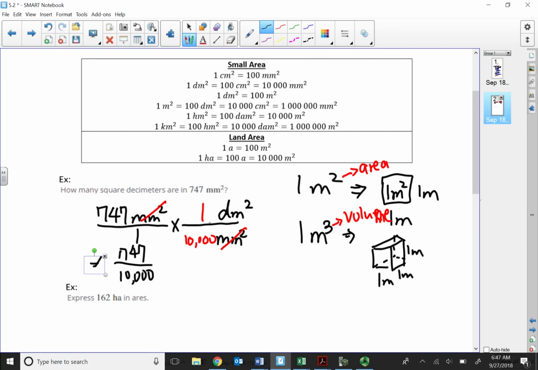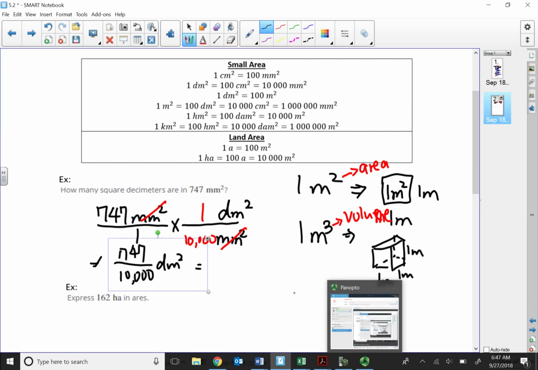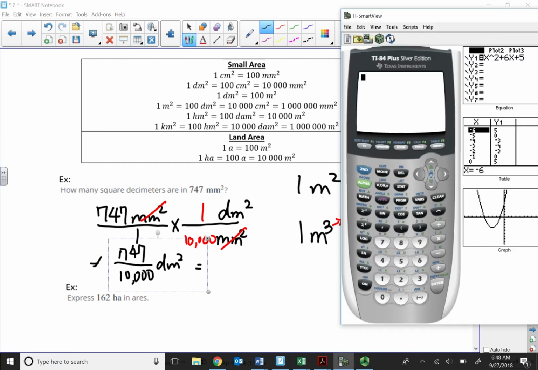The only unit I'm left with is square decimeter. So let's divide. By the way, dividing by a power of 10, dividing by 10,000, is moving the decimal to the left 4 places, or we can put it in a calculator. However you like to do this. 747 divided by 10,000, so my answer is 0.0747.